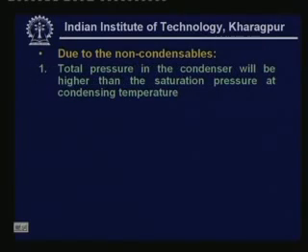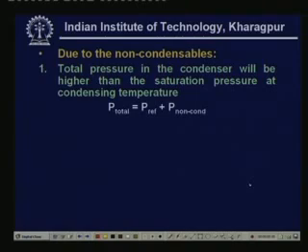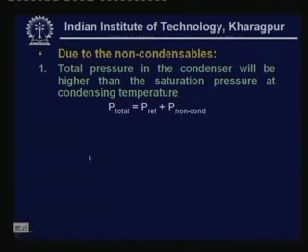The first effect is that the total pressure in the condenser will be higher than the saturation pressure at the condensing temperature. That means the total pressure is equal to P saturated at the condensing temperature, that is P ref, plus P non-condensable. Here in this expression, this is the total pressure, this is the partial pressure of the refrigerant, and this is the partial pressure of the non-condensable gases. So you find that the total pressure increases, which means the discharge pressure of the compressor has to increase.